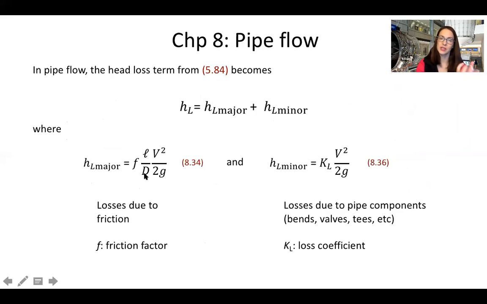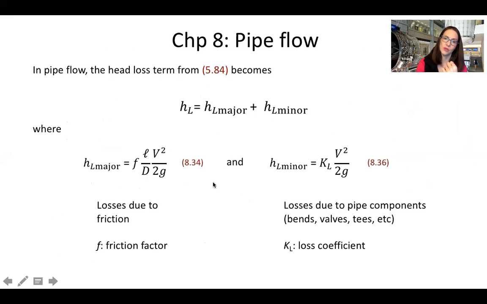So major losses, they're called major losses because usually they're the majority of the viscous losses, the majority of the losses, and they're due to friction, viscous effects. And then minor losses are due to things like valves, elbows, fittings, exits and entrances to pipes.